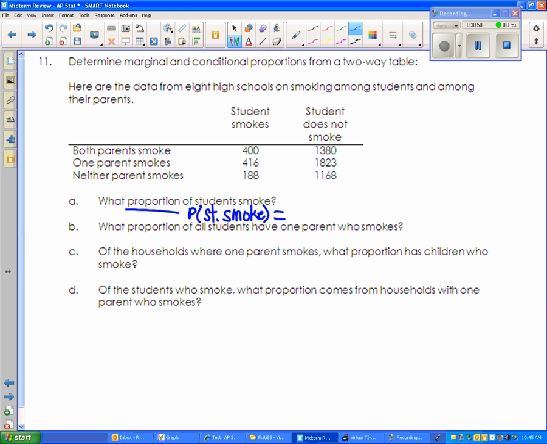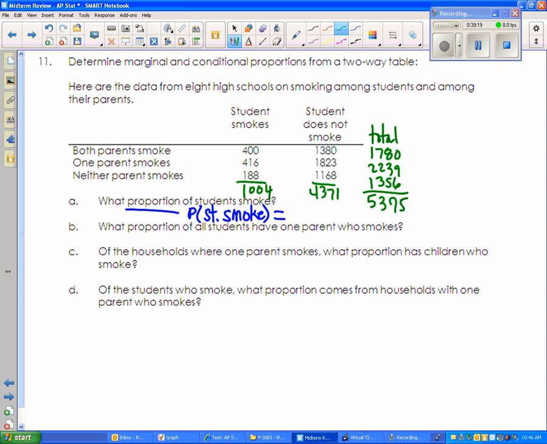What will be helpful is, actually I should have done this first, if you find the marginal distribution first. So if you add up all these totals, I get 1780, 2239, 1356, and then our totals here are 1004, 4371, and then the total in the table is 5,375.